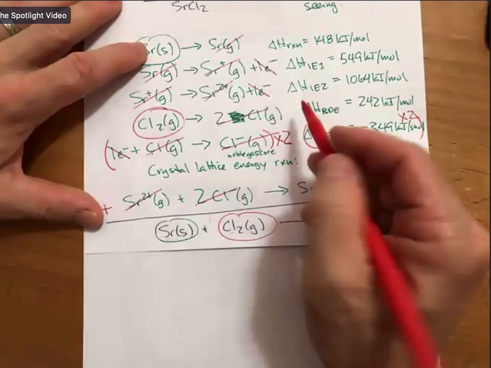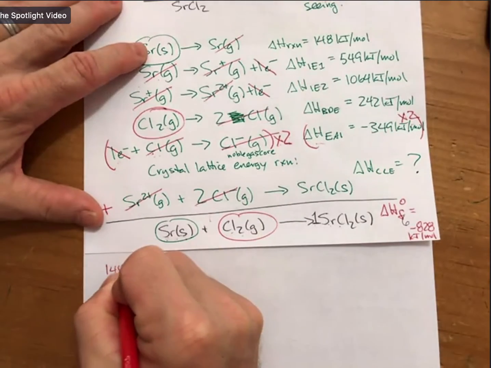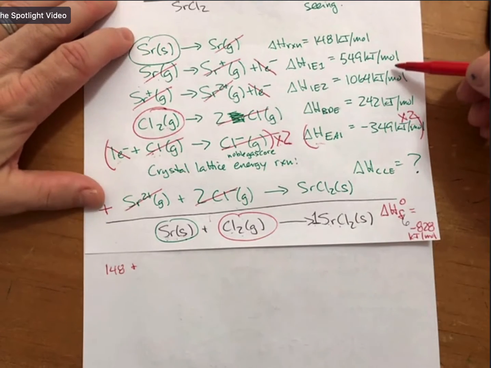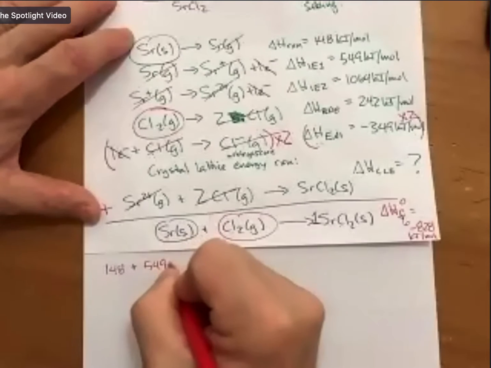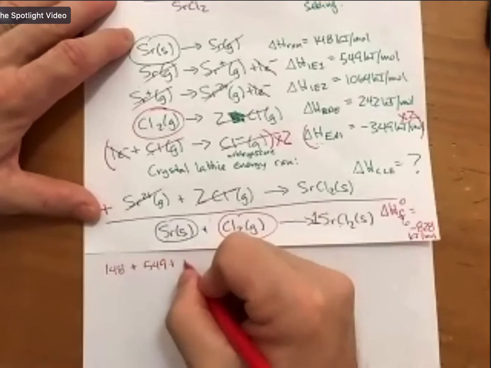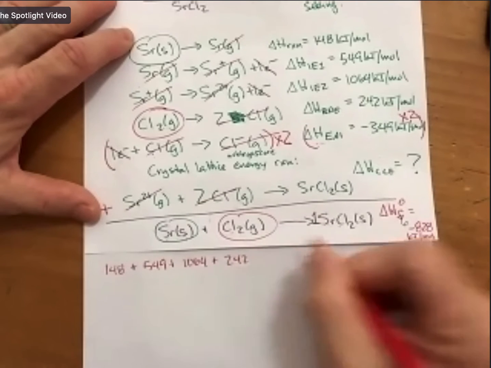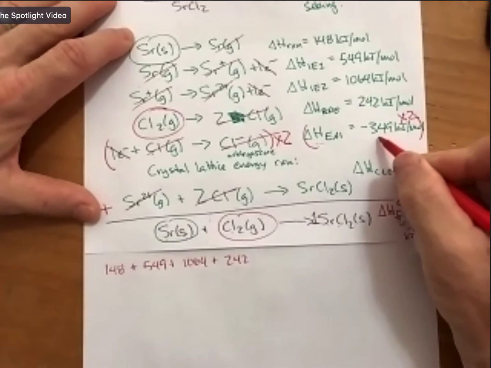And that looks like this, 148. And I'm leaving out my units since they're all kilojoules per mole. Plus 549, plus 1064, plus 242, minus 2 times 349.